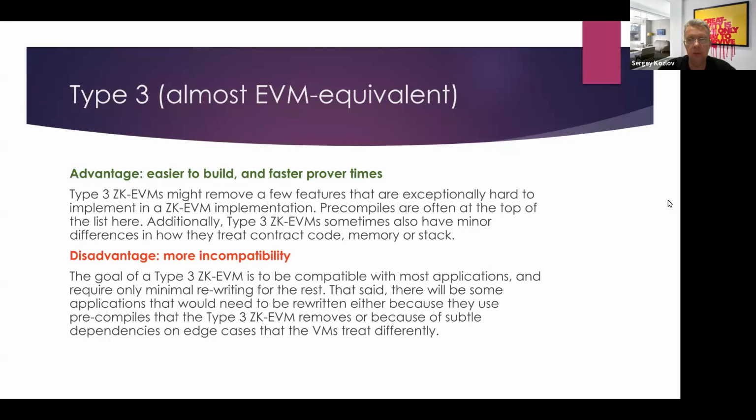It's not fully compatible with your Solidity smart contract code. Most applications will work, but some will require rewriting. What else? Some other debugging tools might not work, and you have to be very cautious when you write something for type 3 ZK-EVMs.